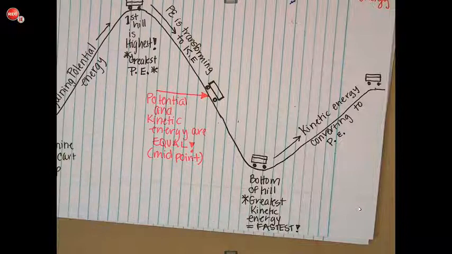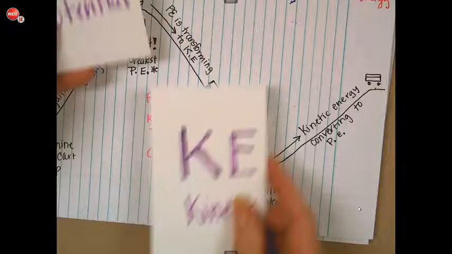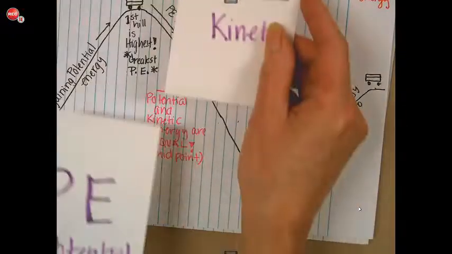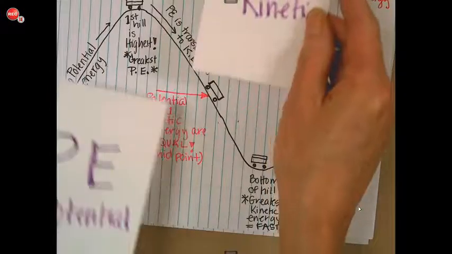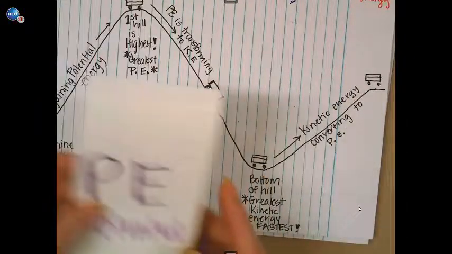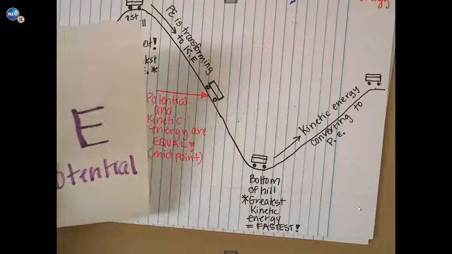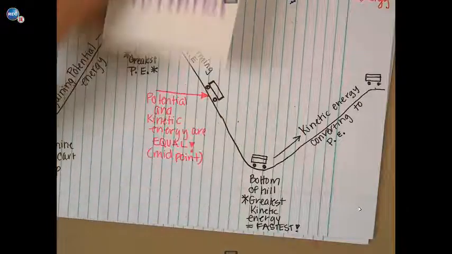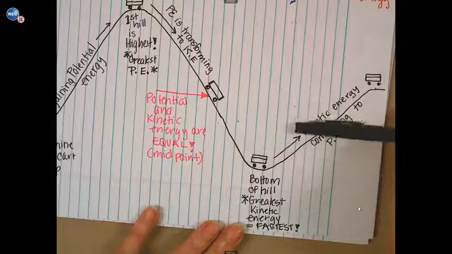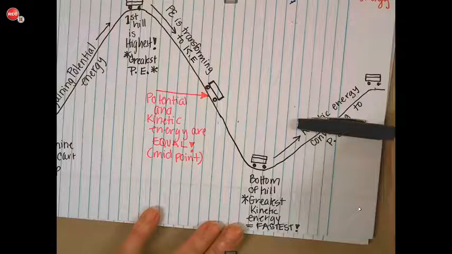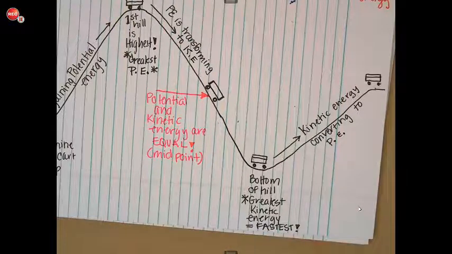From potential energy to kinetic to potential to kinetic, and it's just a switch on and off until you fully lose all of your stored energy and you have converted it, then you're done. All right, once again, at the middle point here somewhere, potential and kinetic would be equal, right? Because they're always equivalent at the midpoint.